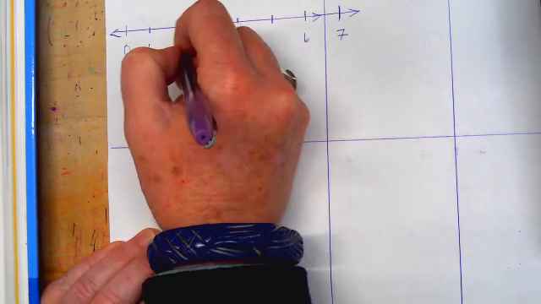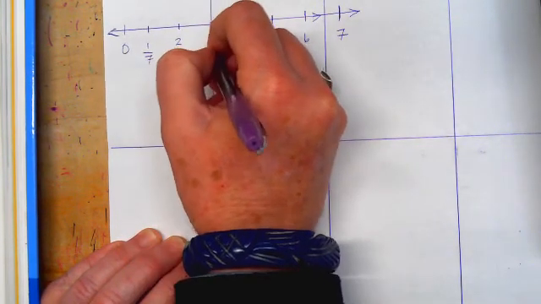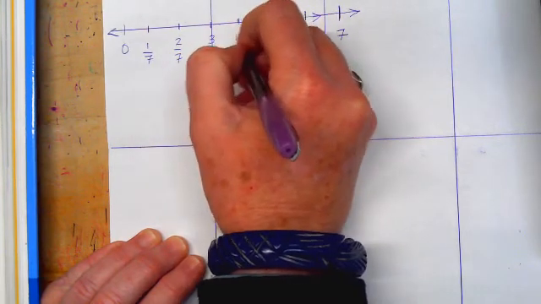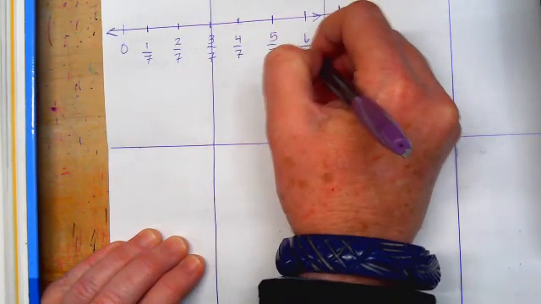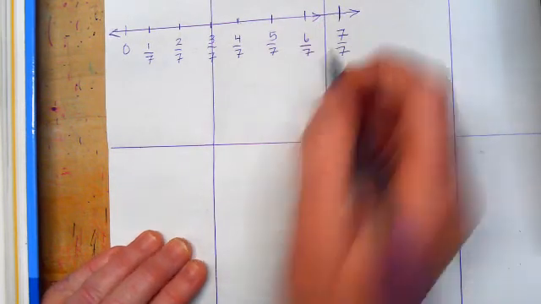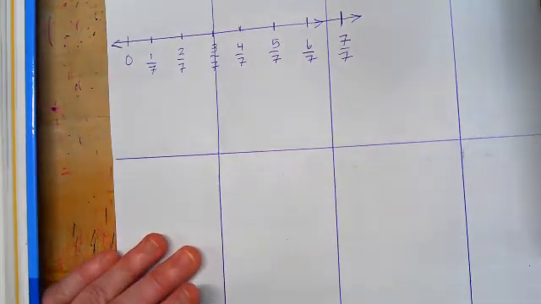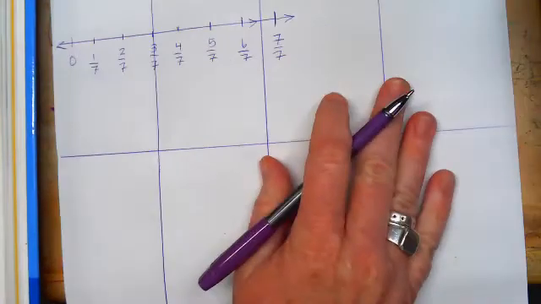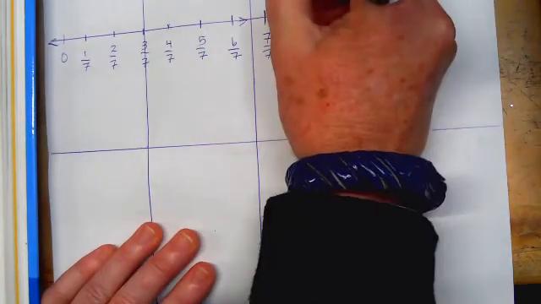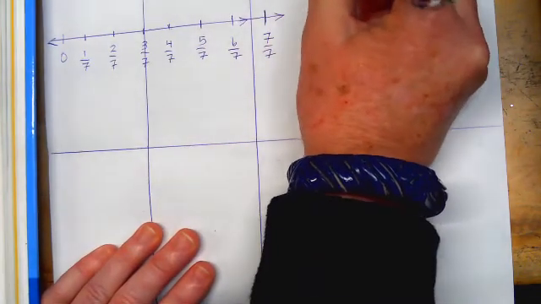Let's make this 6. And let's carry it out a little further and make this 7. Okay, so this is going to be 1 out of 7. This is going to be 2 out of 7, 3 out of 7, 4 out of 7, 5 out of 7. This is 6 out of 7, and this is 7 out of 7. Okay?